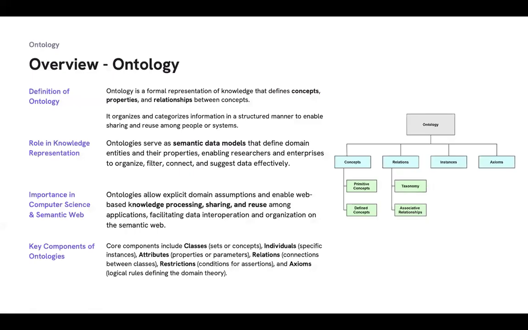So when we say ontology, it's a term that represents knowledge that define concepts. So concept could just be anything in the world, right? And this could range from name of things, places, events, activities, but it's also include properties.